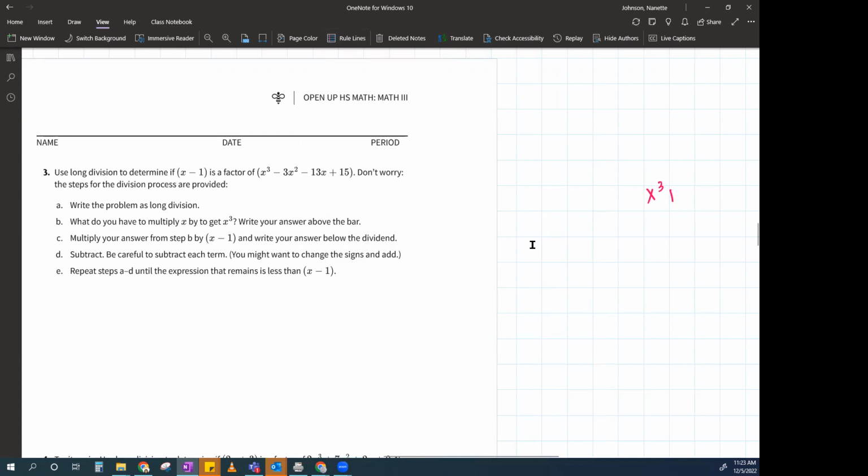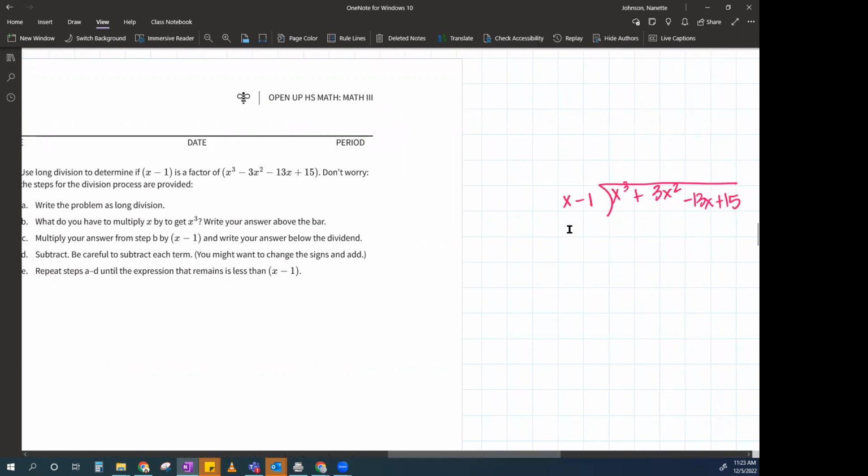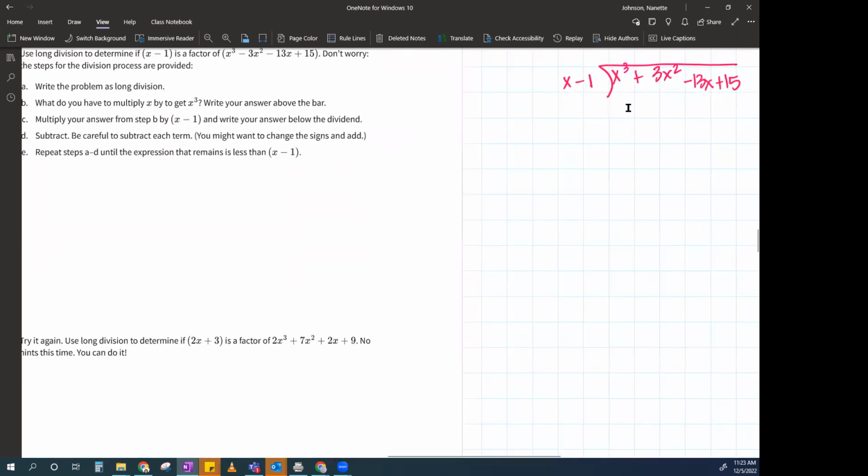Okay, so x cubed plus 3x squared minus 13x plus 15 divided by x minus 1. Okay, so I want you to do this right now. Go ahead and try this out yourself. If you're done with this one, do this one as well. We're going to come back in a little bit and check how well you did.